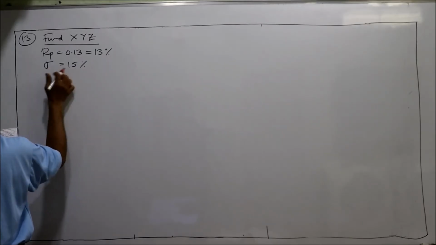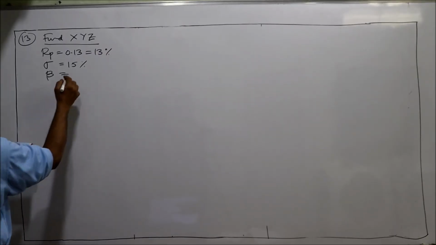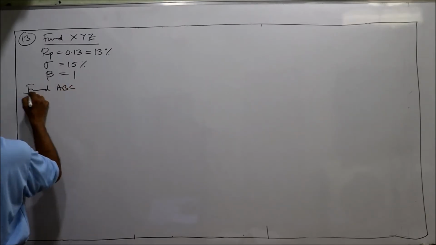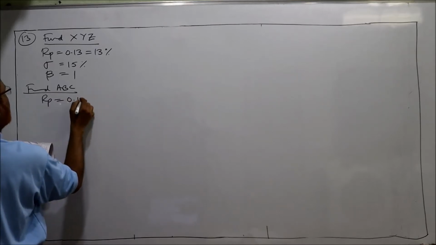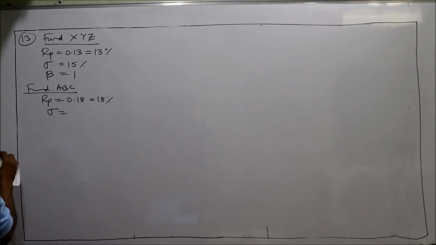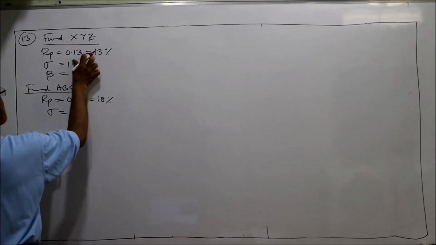Beta is also given. The beta of XYZ is 1. Now fund ABC. Return on fund ABC is 0.18, equal to 18%. Standard deviation of ABC, the respective standard deviations are 15% for ABC and 19% for XYZ.